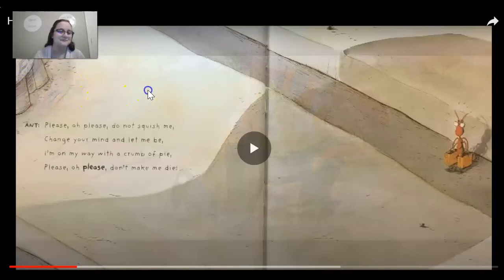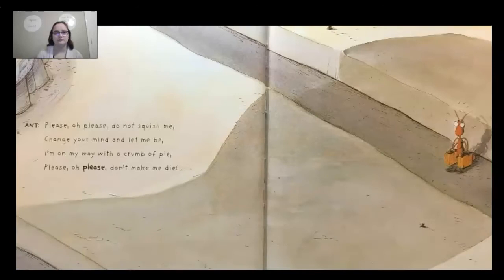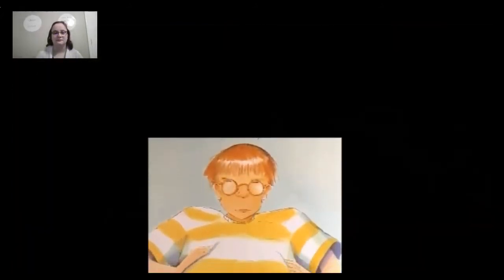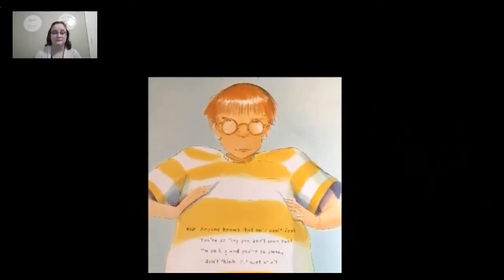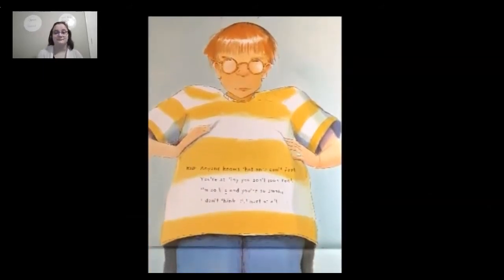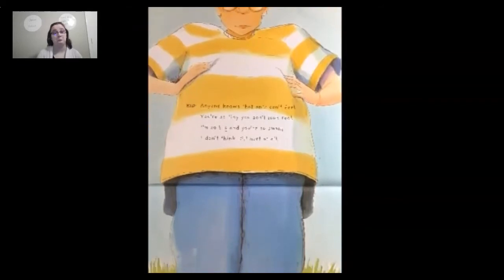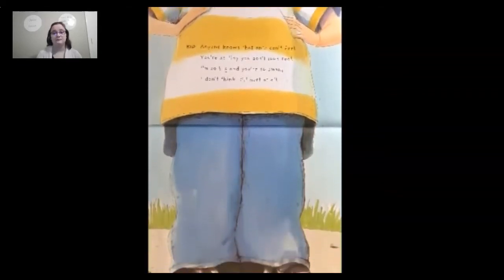Let's keep reading. Ant: Please, oh please, do not squish me. Change your mind and let me be. I'm on my way with a crumb of pie. Please, oh please, don't make me die. Kid: Anyone knows that ants can't feel. You're so tiny, you don't look real. I'm so big, and you're so small.